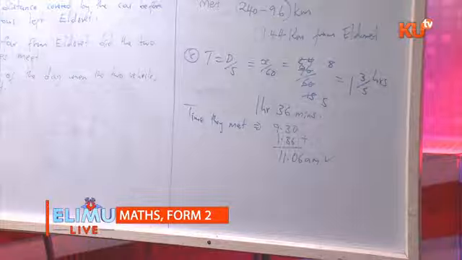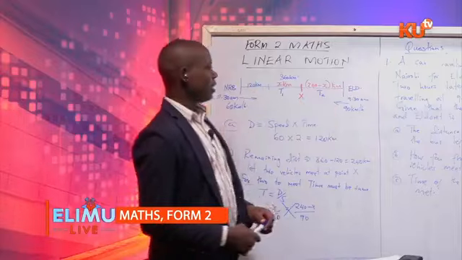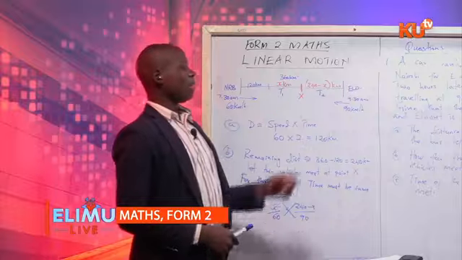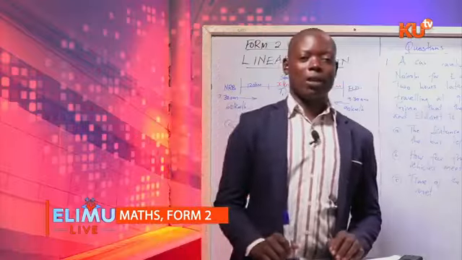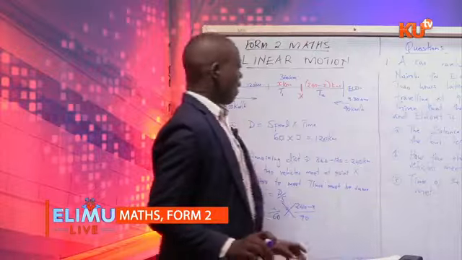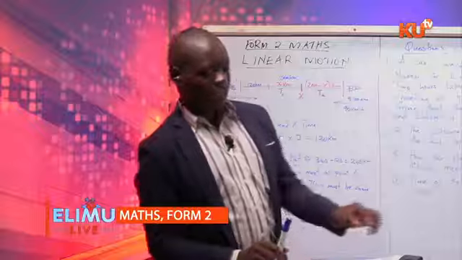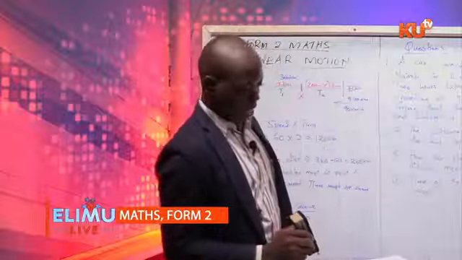And that means that the bus had covered 1 hour 36 minutes for them to meet at the point X, which was 144 kilometers from Eldoret. I hope that is clear. That is for two objects that are moving in opposite direction.